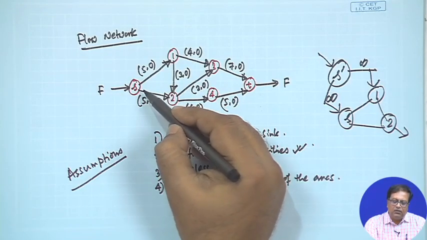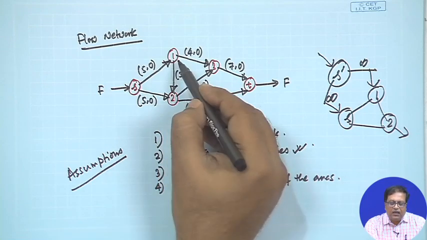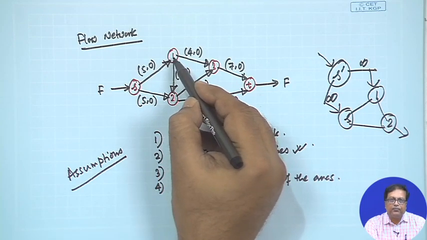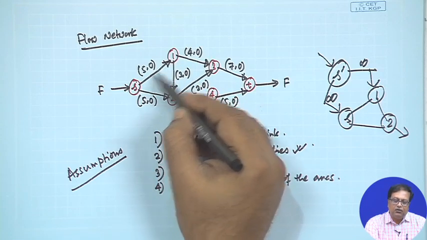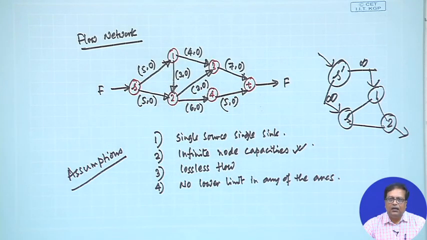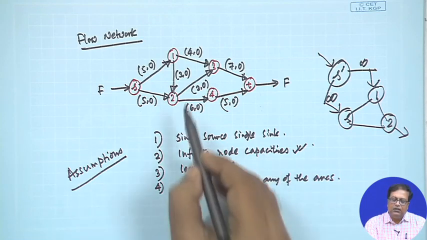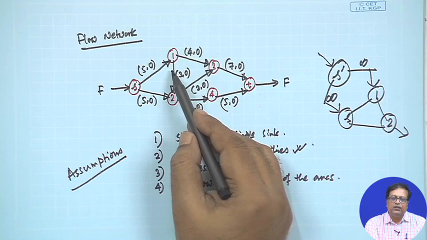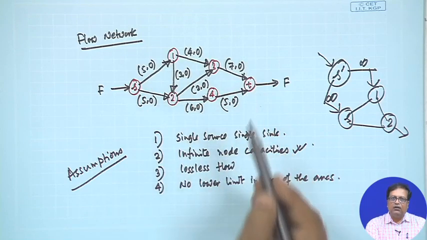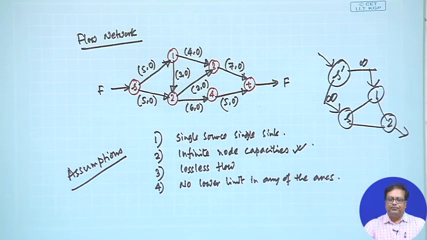Suppose the junction capacity is only 4, then only a flow of 4 can come there, not the entire 5, right. So, initially we assume that all the nodes have infinite capacity and they are not going to give any constraint to our flow problem.